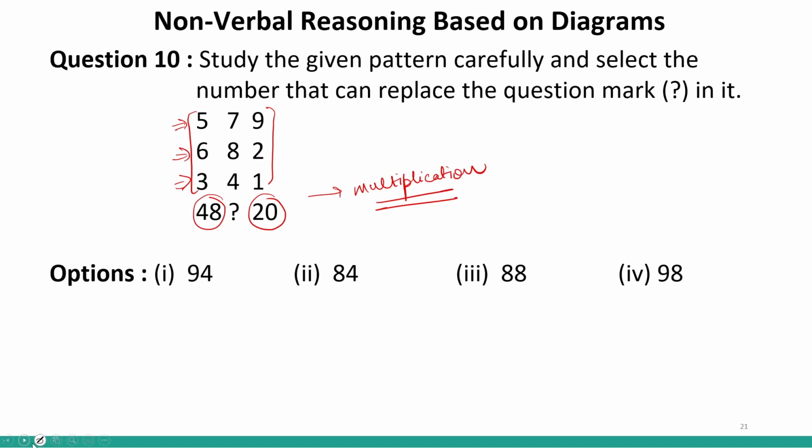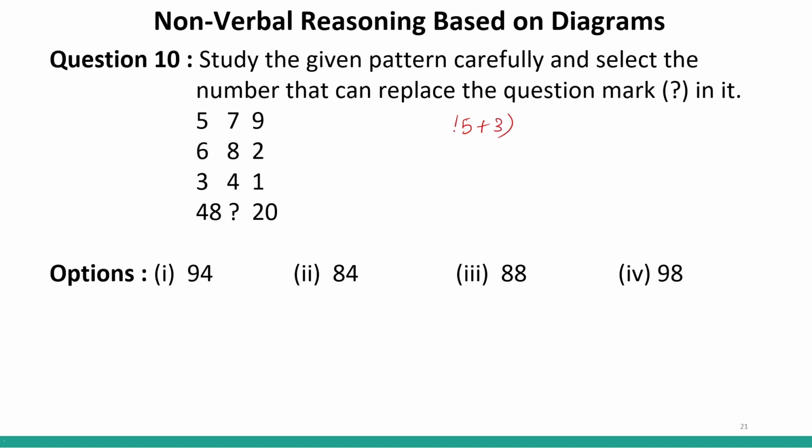Okay, so let me try. Now, if I look over here, I can see that 5 plus 3, into 6, gives me 48. Okay, so I can see that this will be what? This will be 8 into 6, which gives me 48.